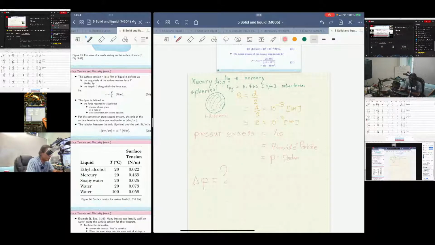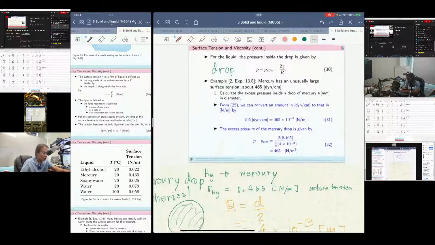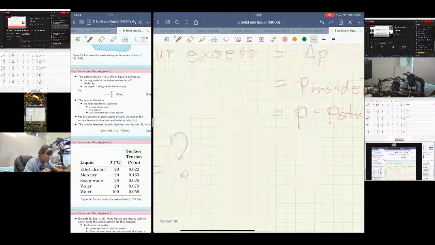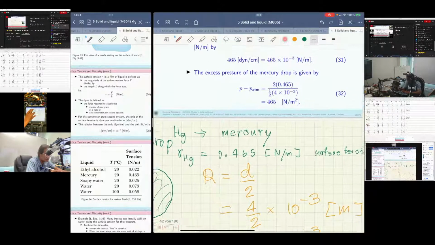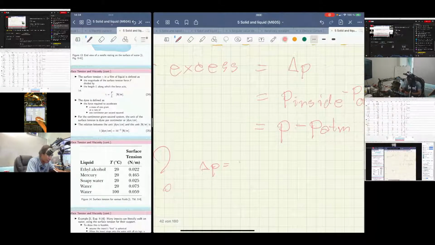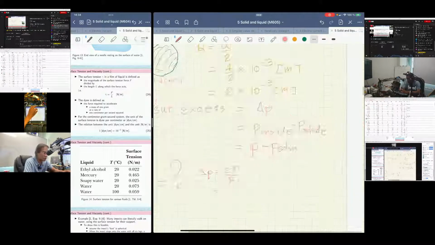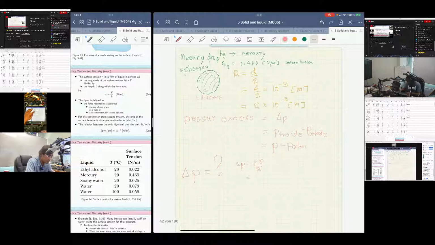So we're going to use formula number 30. Delta P equals 2 gamma by R. Gamma is what we got before, 0.465, oh sorry, I forgot the number 2, times 2, divided by the radius, which is 2 times 10 to the negative 3.